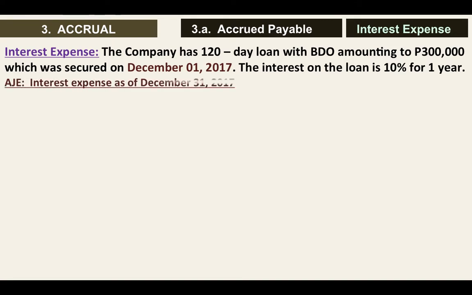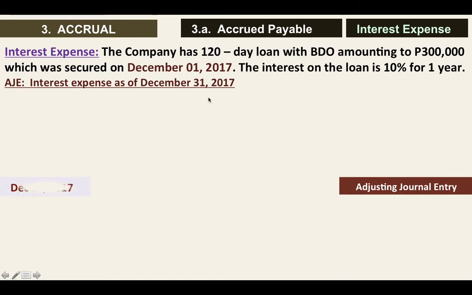Okay, so adjusting journal entry, we have to know how much was the interest expense from December 1st that we have gotten the loan up to the end of our accounting period. So accounting period natin in this case is December 31, 2017. So we have to compute the interest and we have to prepare an adjusting journal entry.